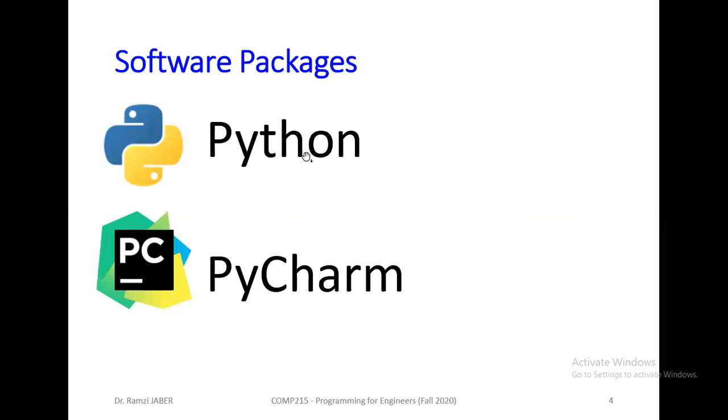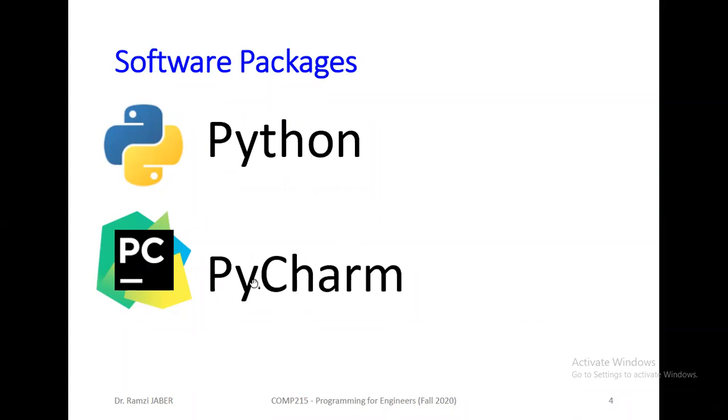But it's hard. Python itself does not have a visual interface, it's not easy to manage. But when we install PyCharm or other Python software, all of them are based on this Python.